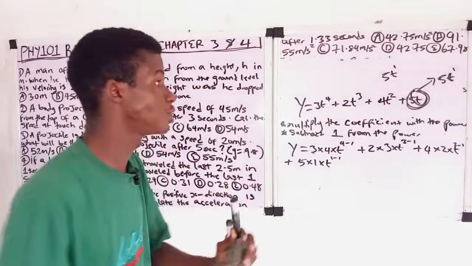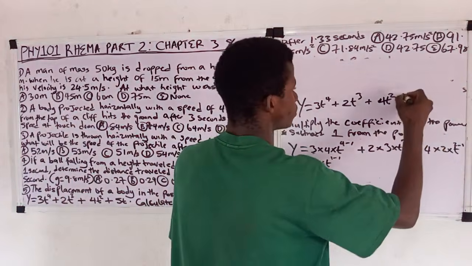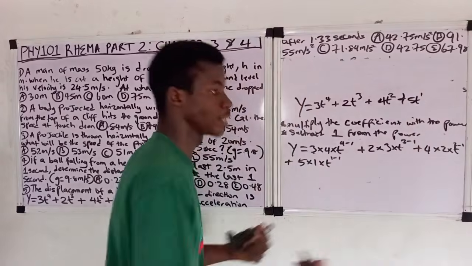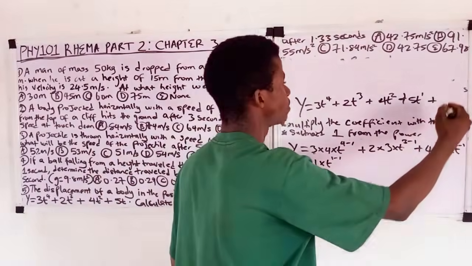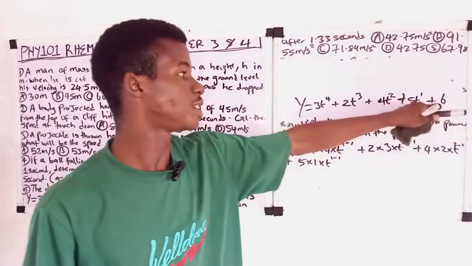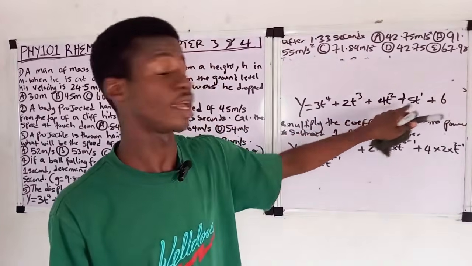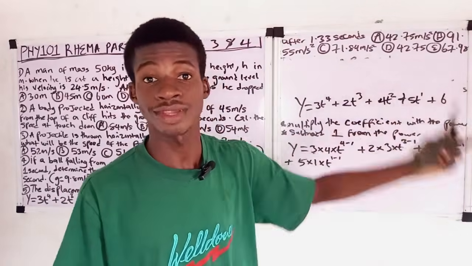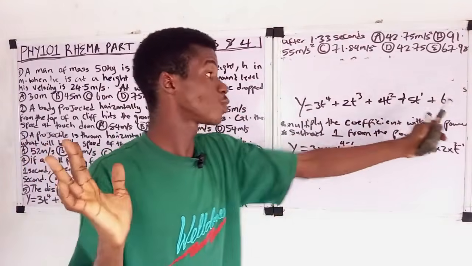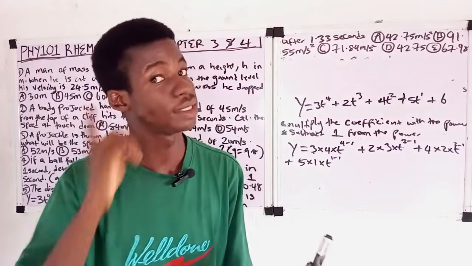Now before I continue, I'll tell you guys something. Let's say if you want to differentiate using the power rule, and you want to differentiate a value that does not carry a variable, the differentiation of a value that doesn't take any variable will be 0. Please take note.